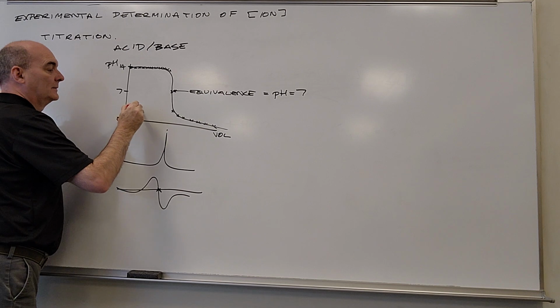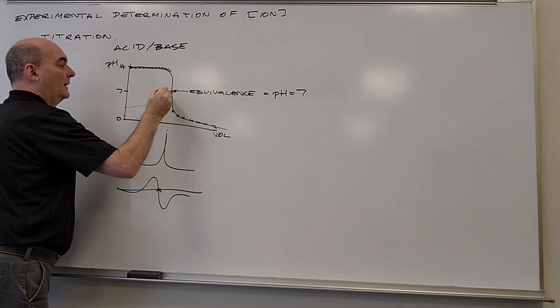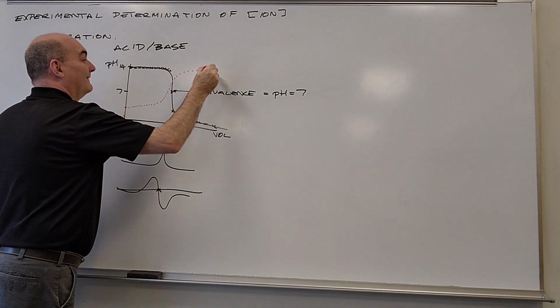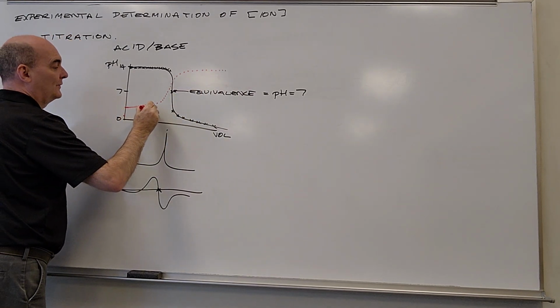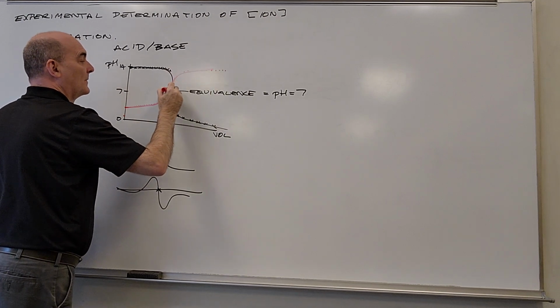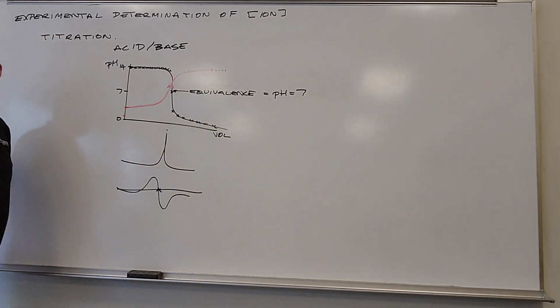And I get the same thing. And then it can't go any higher than 14. So now my curve goes here, and the equivalence will be above 7. If I added a weak base to a strong acid, my equivalence would be below 7.